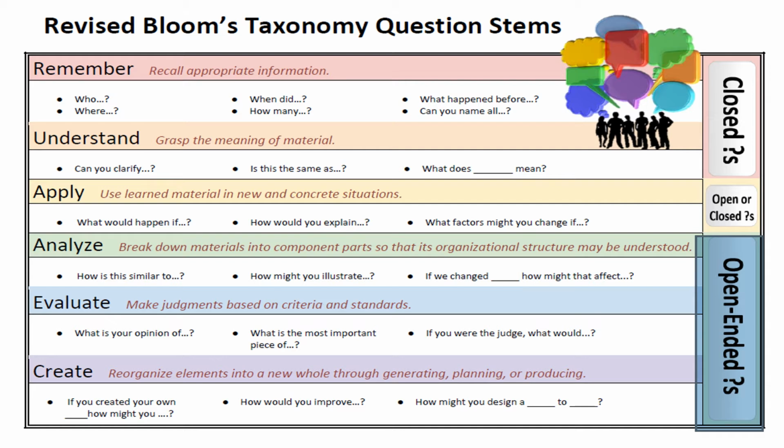If we changed peanut butter to an apple, how might that affect the sandwich? And then if somebody had to answer that, they would have to put quite a bit of detail, I think, into that and think quite deeply about their answer.